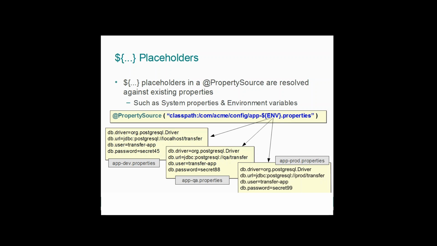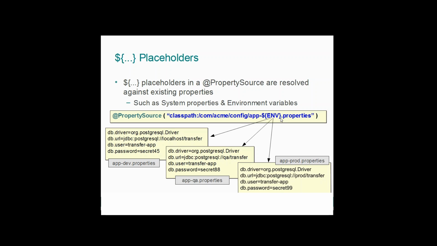If this is coming from the environment variable, which is the JVM options, then what the property sources does, before actually loading, is first go and replace the value within the dollar and curly braces. This is one way of resolving an environment variable.